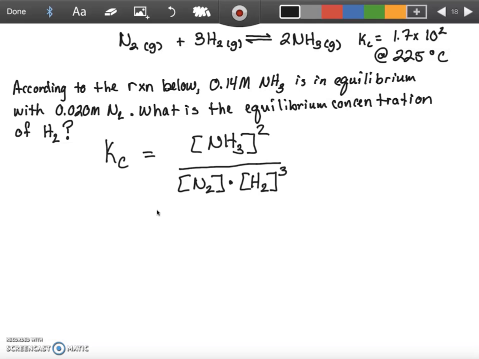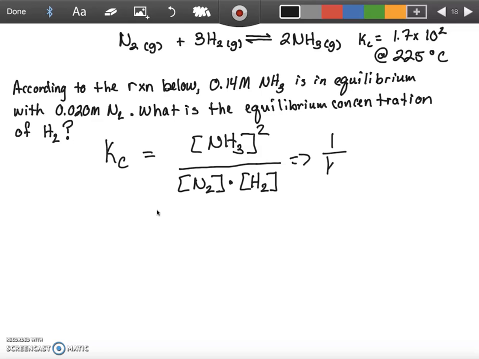Now again, unlike the last problem, we're not solving for Kc this time. We're solving for H2. So we need to manipulate this equation algebraically to get the H2 by itself. Now I assume you know how to do algebra. But in order to get the H2 by itself, the first thing I'm going to do is flip the expression.